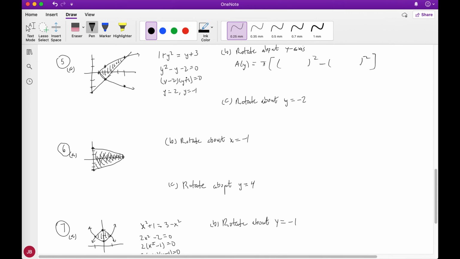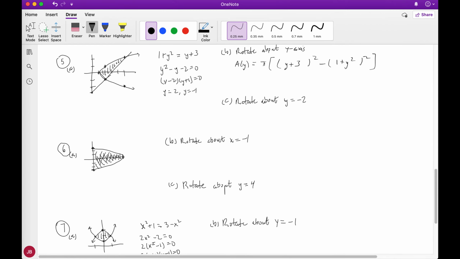And the outer radius is going to be formed by the graph of y plus 3, x equals y plus 3. And the inner radius is going to be formed by the graph of 1 plus y squared. And you'll notice that I don't need to modify at all, even though I have sort of this gap here. Remember, it all depends on what your axis is. My axis is behind the region.